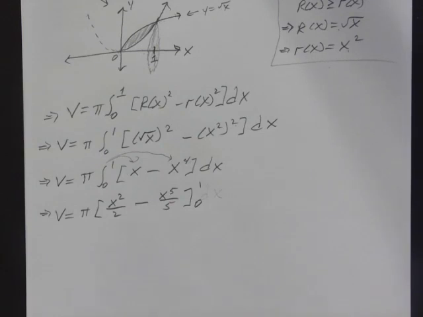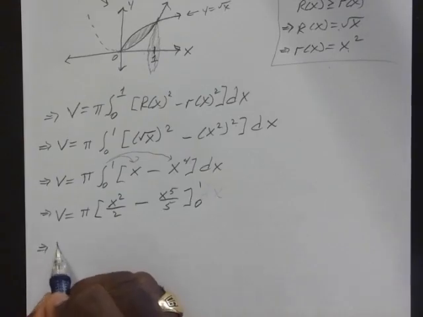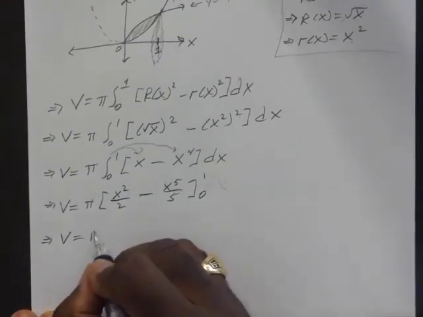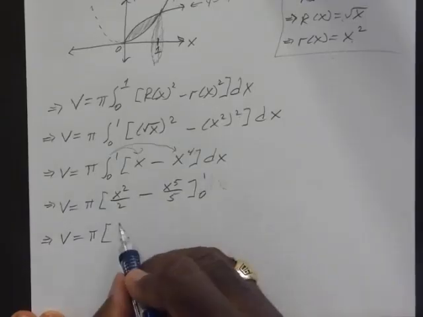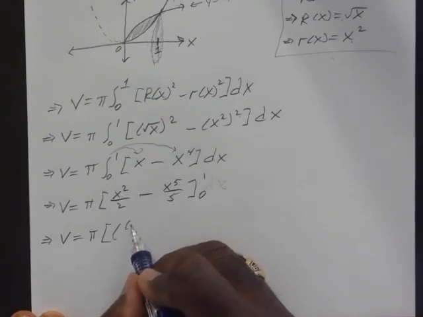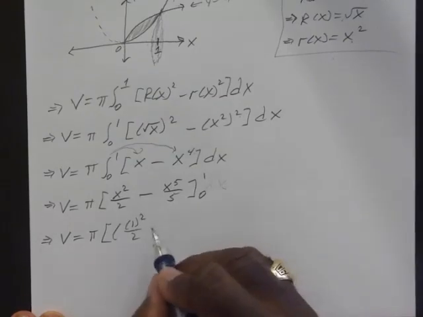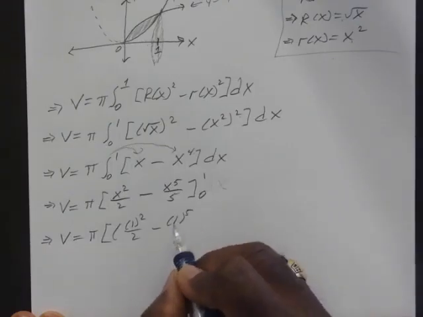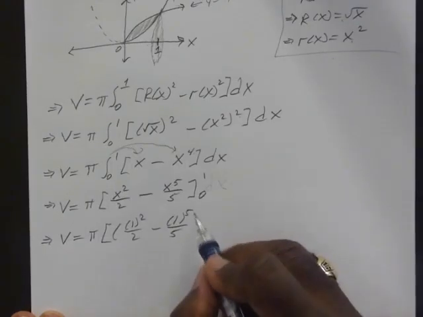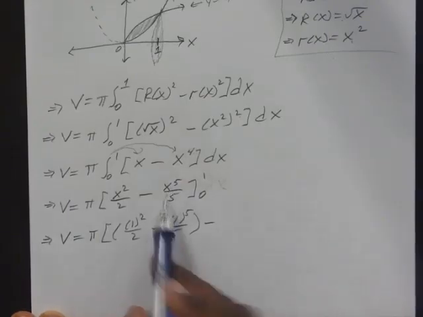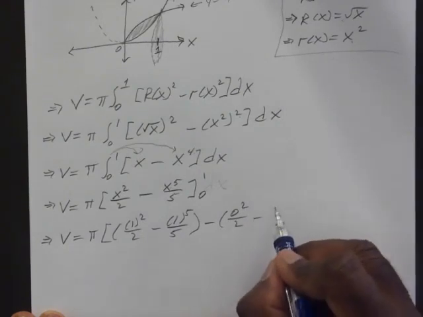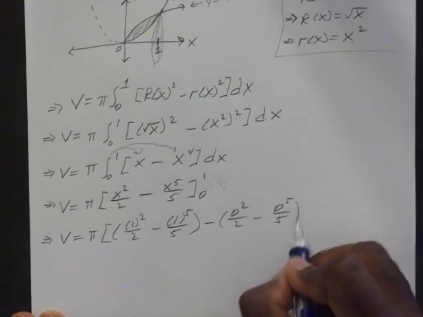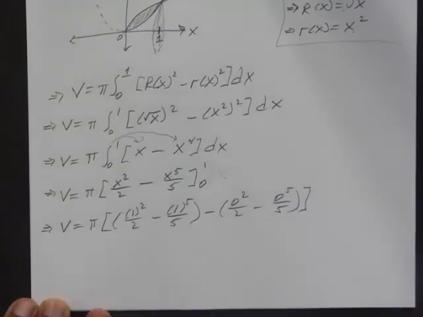So now if we apply the fundamental theorem, volume is equal to pi times, we plug in our upper bound. That's 1 squared over 2 minus 1 to the 5th power over 5. Minus, and this becomes 0 and 0, but I'll write it in anyway, 0 squared over 2 minus 0 to the 5th power over 5, which just disappears because it's 0 minus 0.